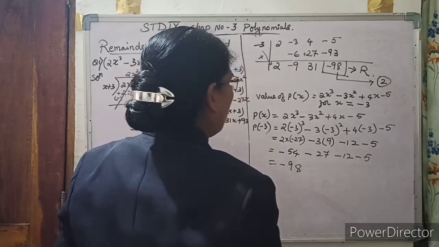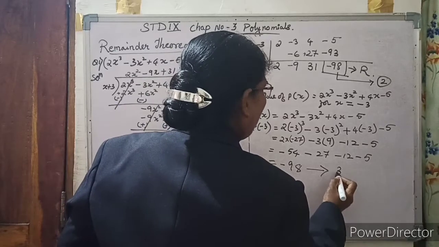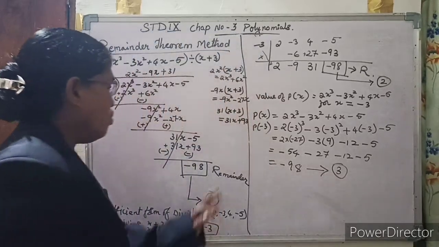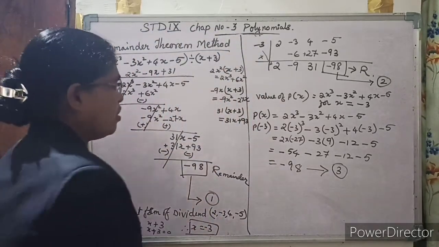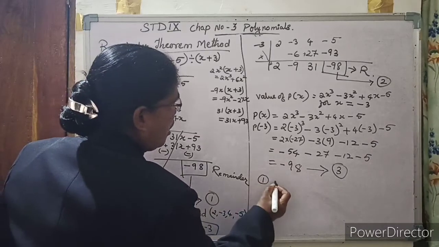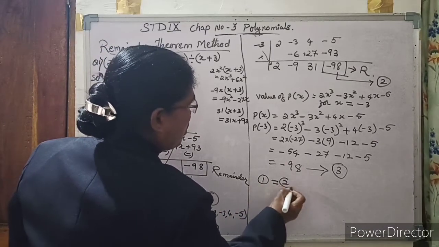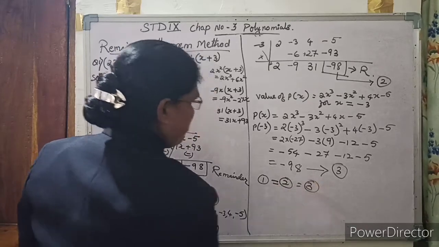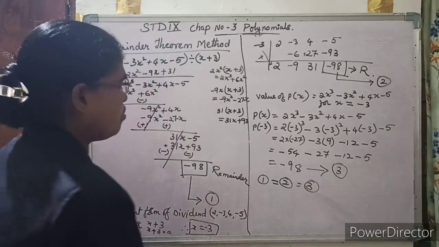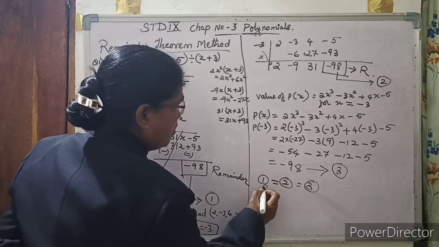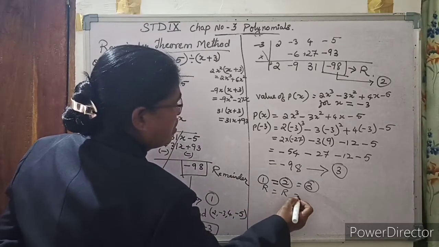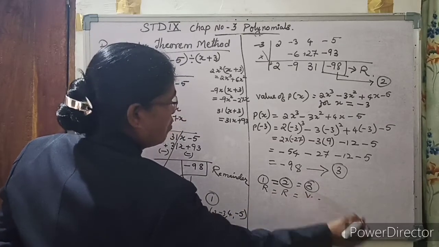So again I got here, take this as point 3. Now you can see that point 1 and point 1 is equal to point 2, and that is equal to point 3. That means this point 1 is indicating the remainder. Here also this is the remainder. Now this is the value of the polynomial.